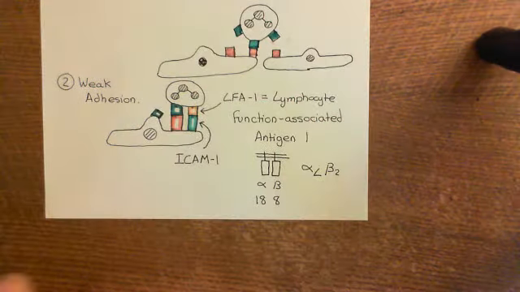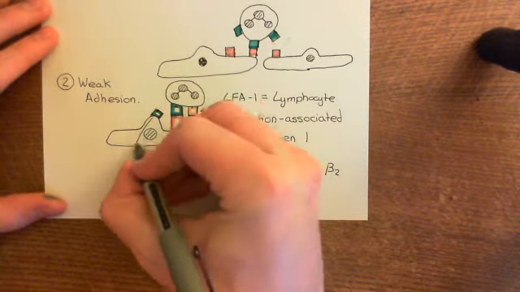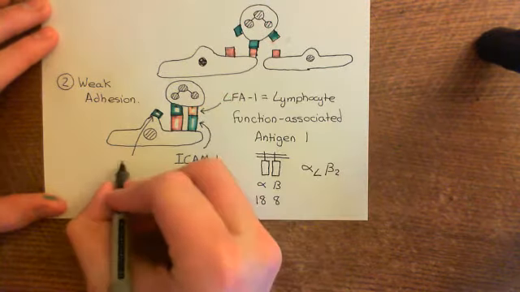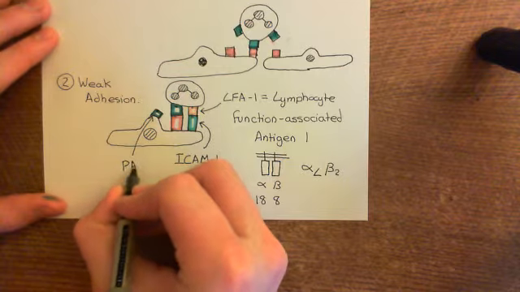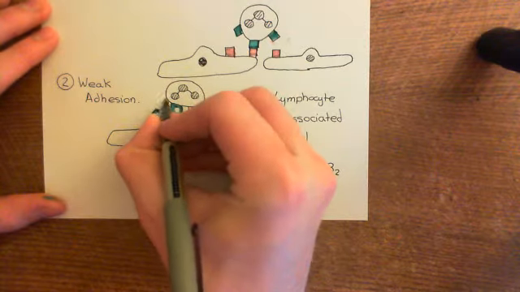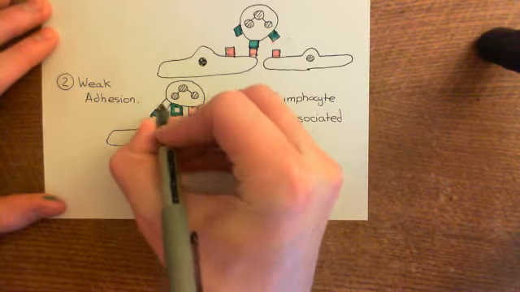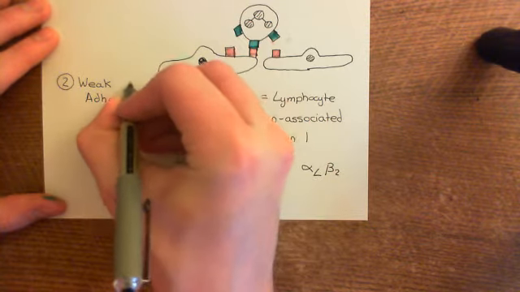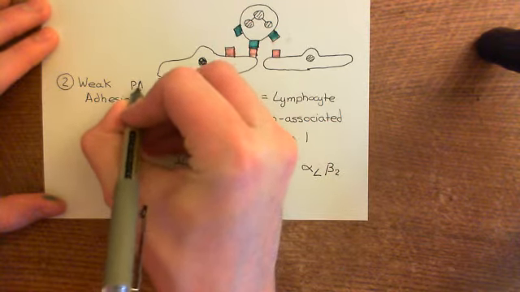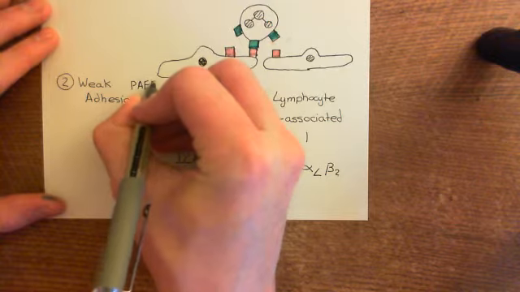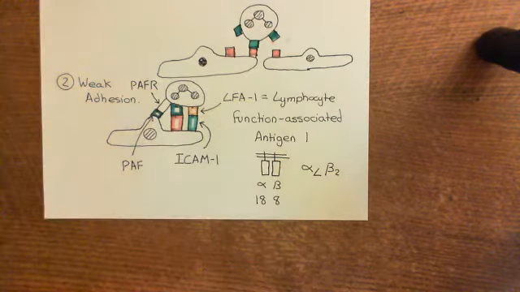Remember the abbreviation for platelet activating factor is PAF, P-A-F. And it's going to bind to the platelet activating factor receptor on the surface of the neutrophil. So this is the platelet activating factor, and then you'll just put R afterwards to denote receptor. And I'll colour this in yellow.